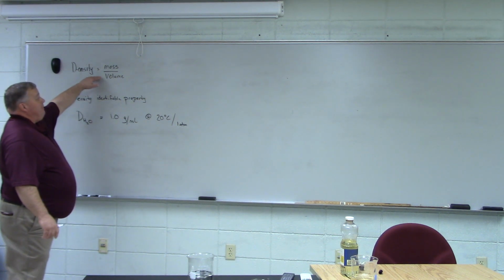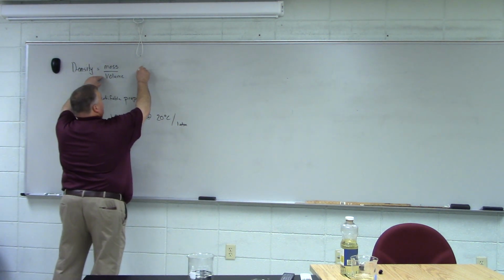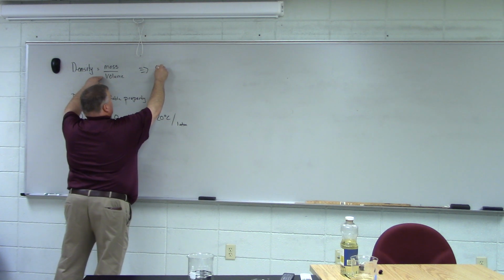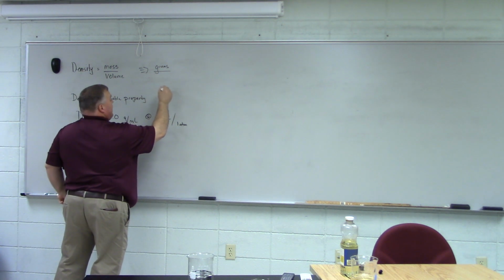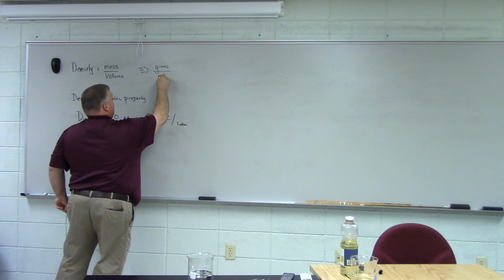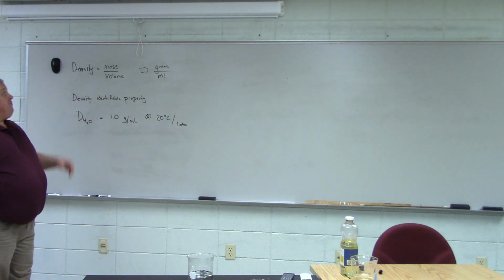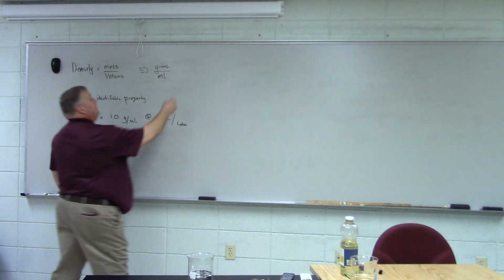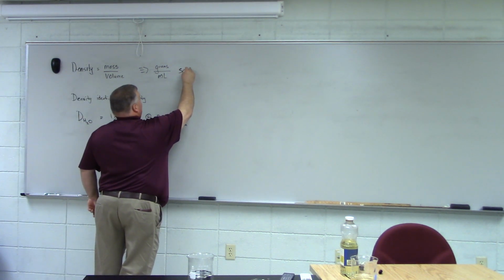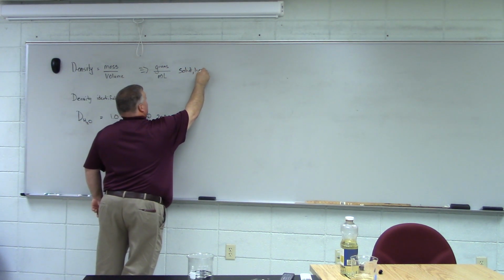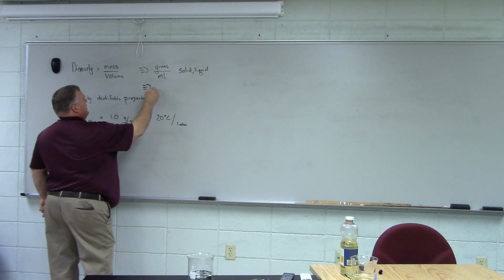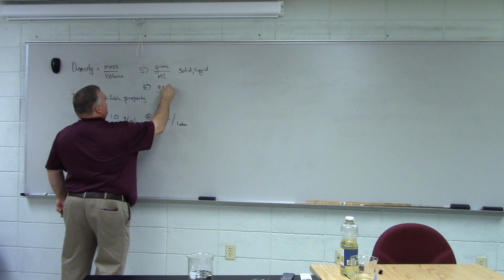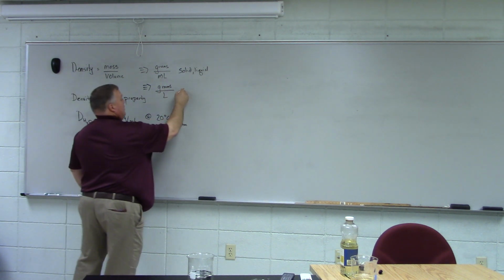So, our mass is typically given to us in grams, and our volume is typically given to us for a solid or a liquid in milliliters. Okay? If we're looking at a gas, our density is typically given to us in terms of grams per liter.